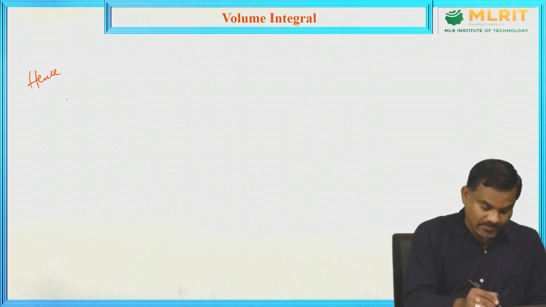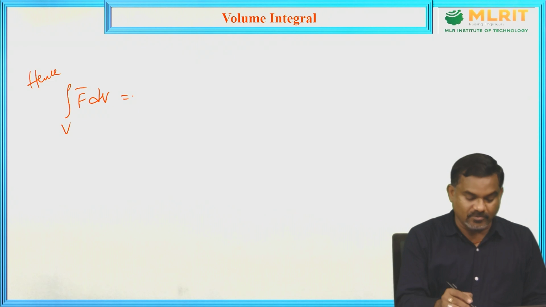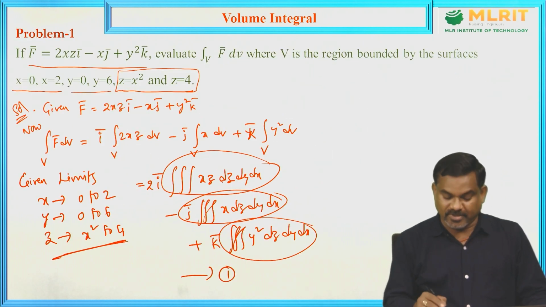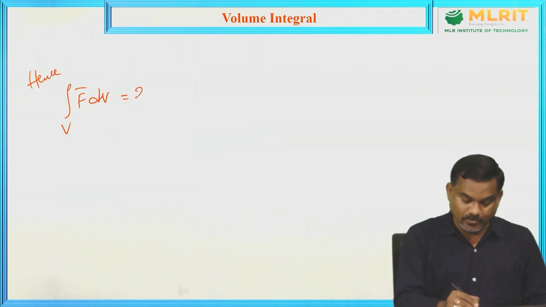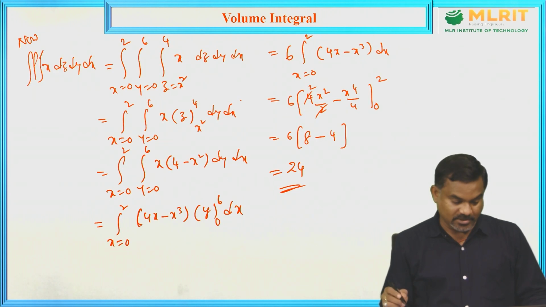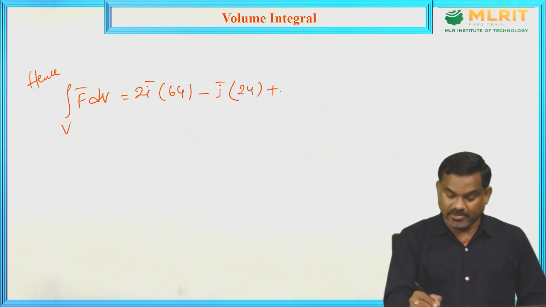Hence the triple integral of F bar dV is equal to, so first one, how much we got? So 2 i bar into the first triple integral, 2 i bar into first one is 64, minus j bar into the second is 24, plus k bar into the third one is 384.